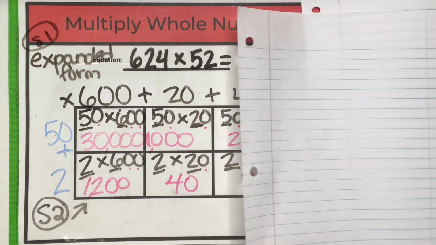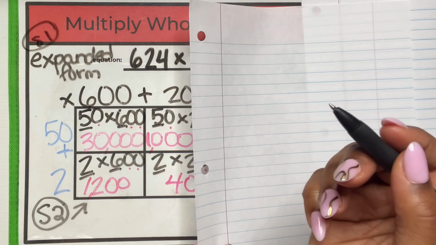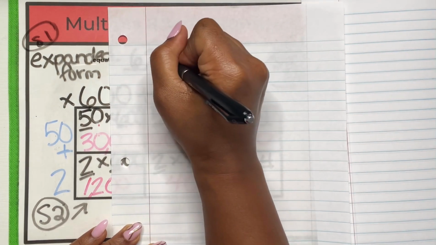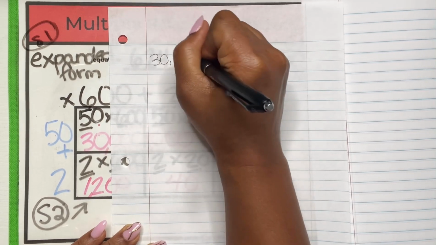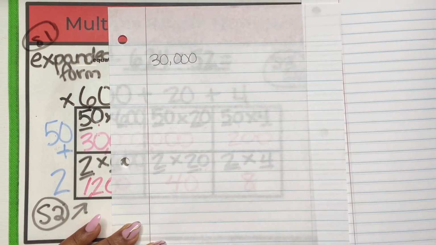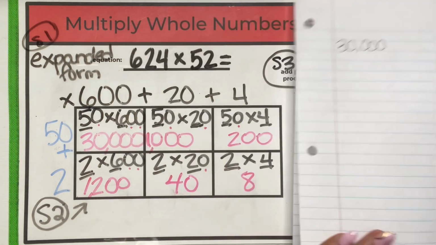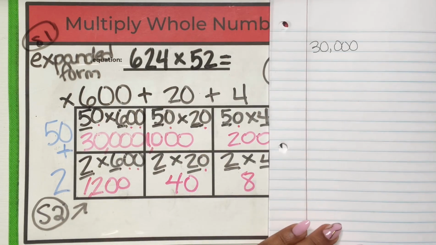We're going to take 30,000 here. Need it a little darker. 1 second.